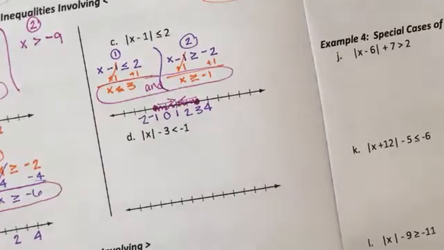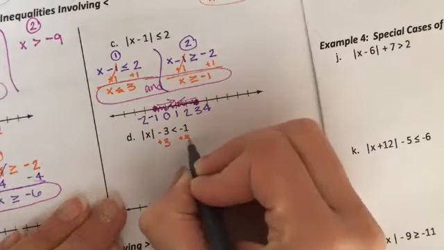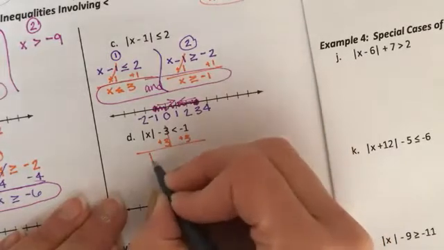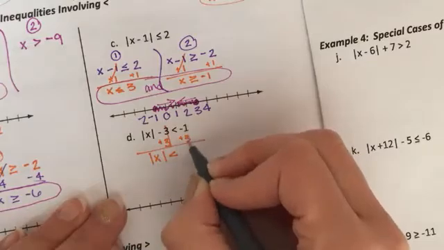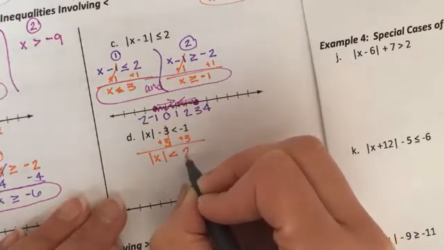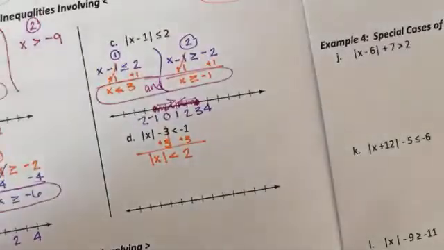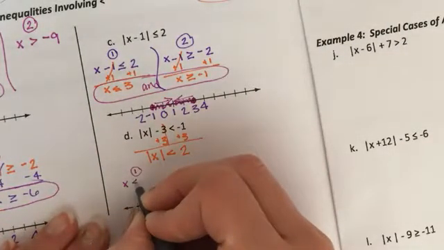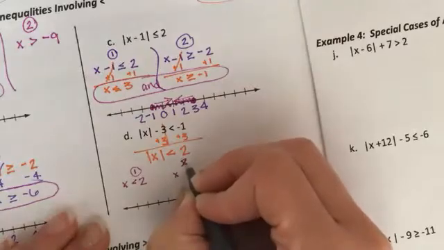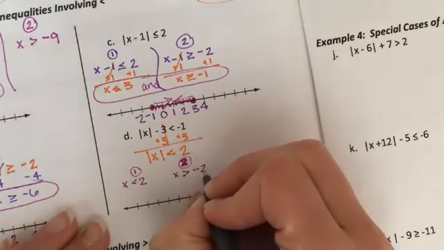Next one, the first thing I have to do is get the absolute value by itself. So I have to move this 3 first. And then we have -1 plus 3, and that gives me a 2. So case 1 is just x is less than 2. Case 2, x is greater than -2.